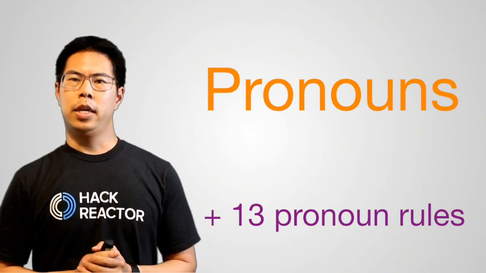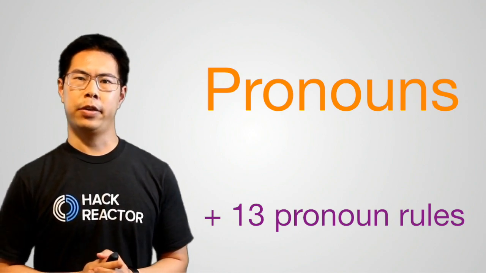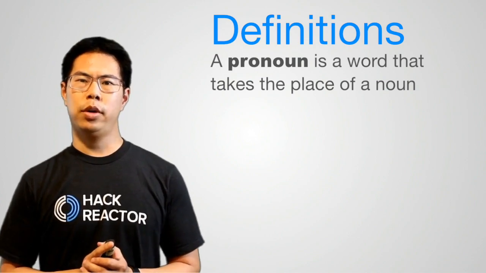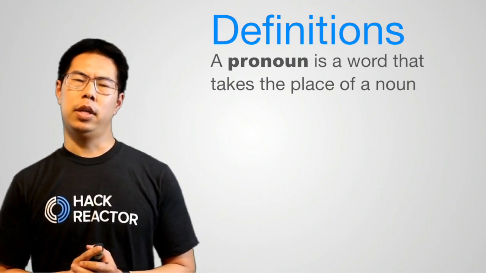In this lesson, we will be covering pronouns, including 13 rules for figuring out which kind of pronoun to use. A pronoun is a word that takes the place of a noun.